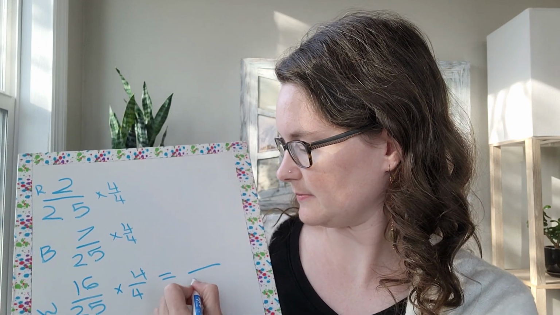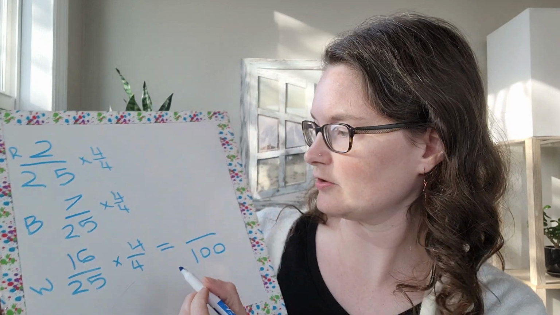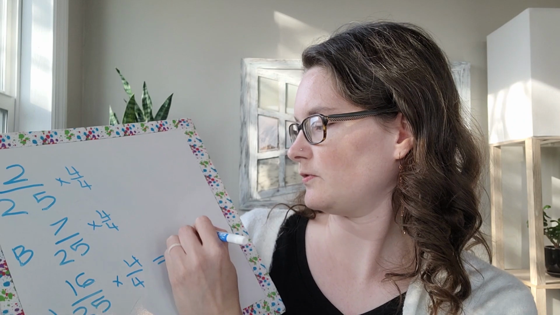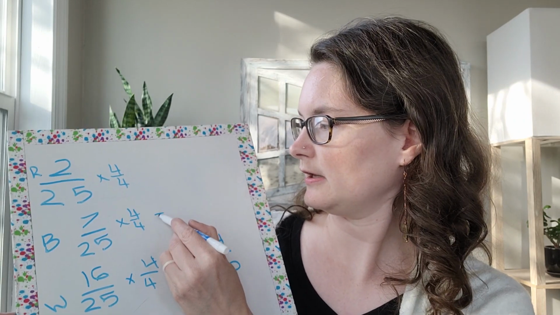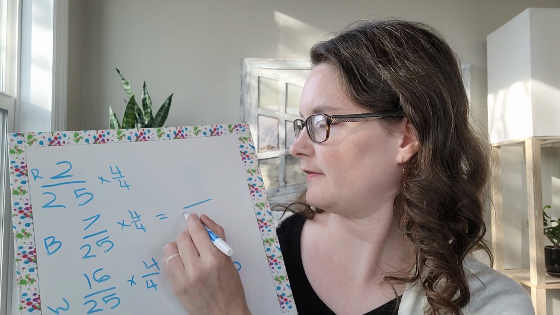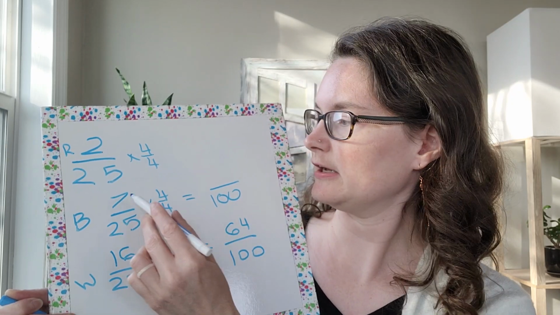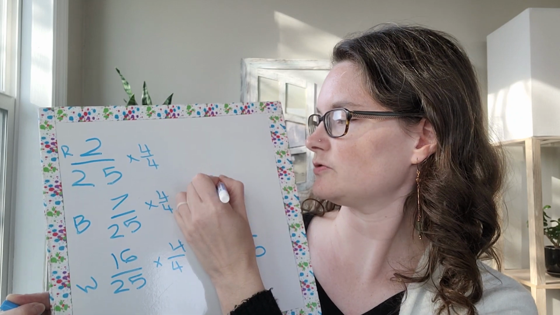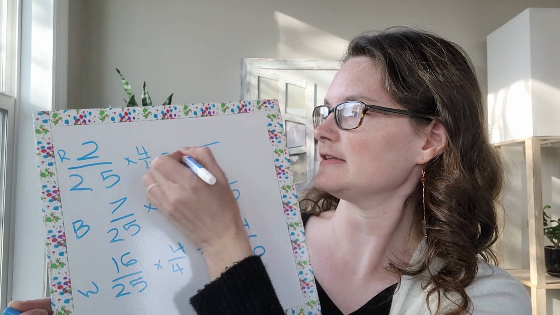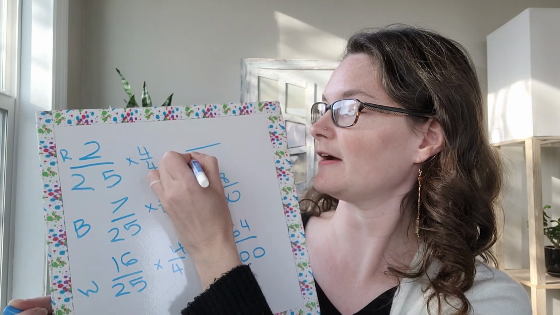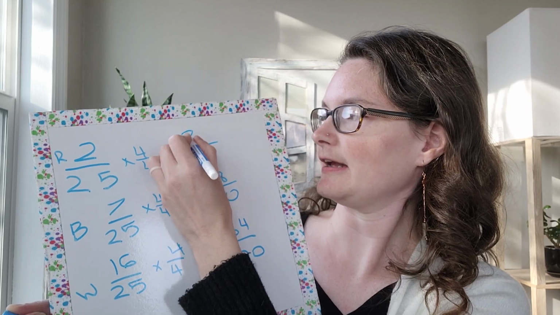So our bottom number is going to be 100 because 25 times 4 is 100. 16 times 4 is 64. And then 25 times 4 is 100, we have 7 times 4, which is 28. And then for our reds, 25 times 4 is 100, and 2 times 4 is 8.